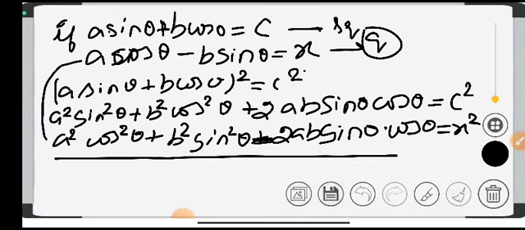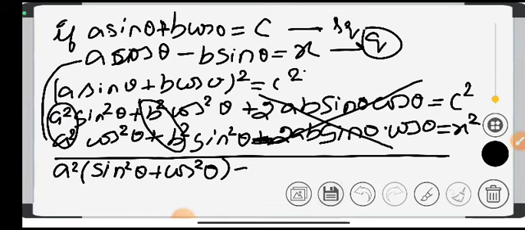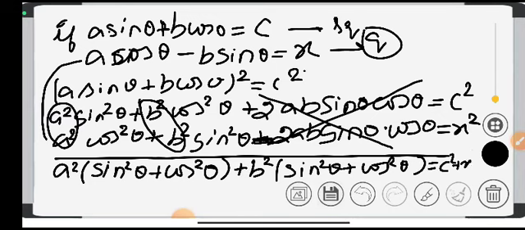So by adding these both, the plus 2ab and minus 2ab cancel, so the resultant will be, take out a square from both: a square into sin square theta plus cos square theta. Taking b square from both, I will find b square into sin square theta plus cos square theta is equal to c square plus x square.